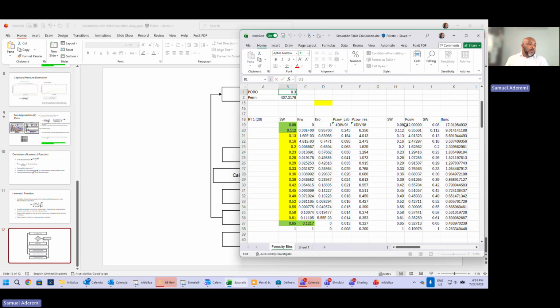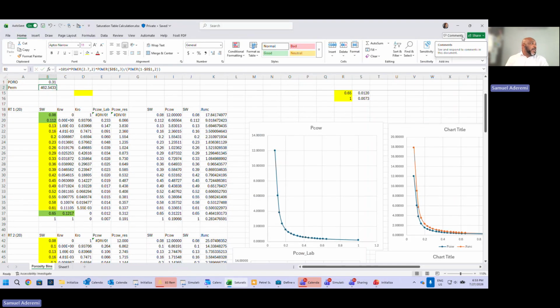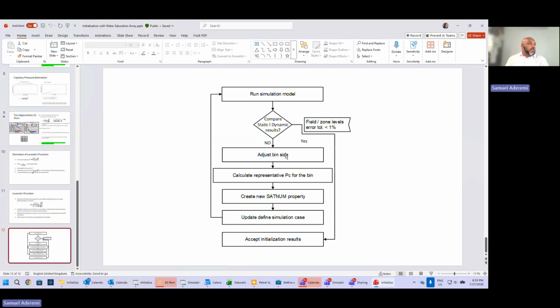So for instance, I have to go back if it is 0.31. The moment you enter the number, everything will automatically be adjusted to the porosity, because all the equations are connected, and they will help you to regenerate this, and you can copy and use it for each of the bins to improve the accuracy of your in-place volume.